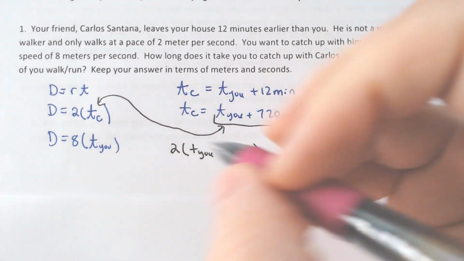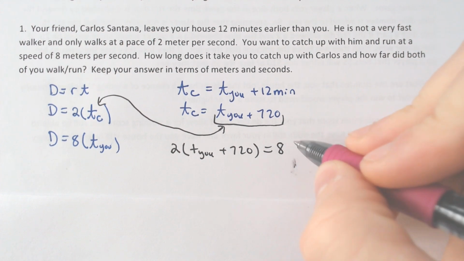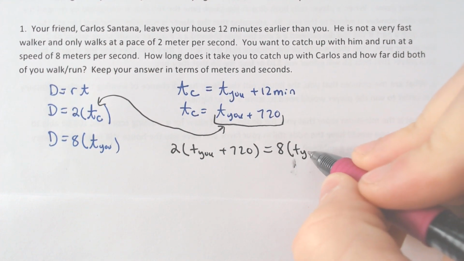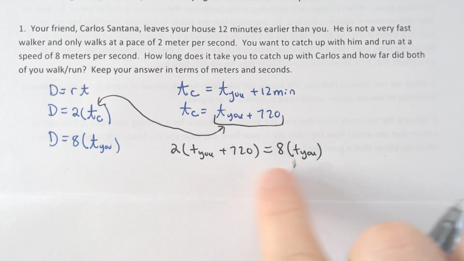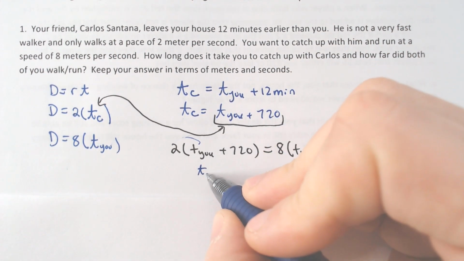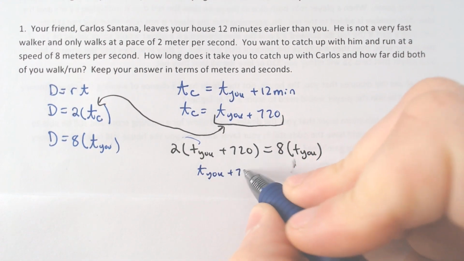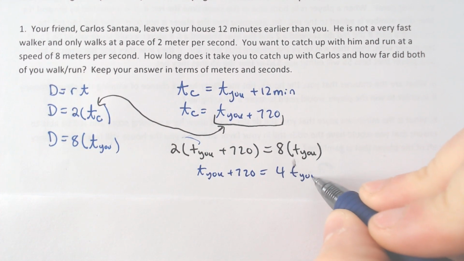And because that is equal to distance, and this is also equal to distance, we can set that equal to 8 times T sub U. Then you can distribute. You could even divide by 2 if you want to be fancy. I feel like being fancy. Let's just divide the 2 off. Rather than distribute this like we could, if you divide it off, you get your time plus 720 would equal 4 times T sub U.